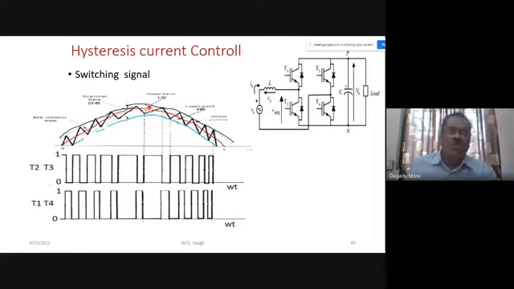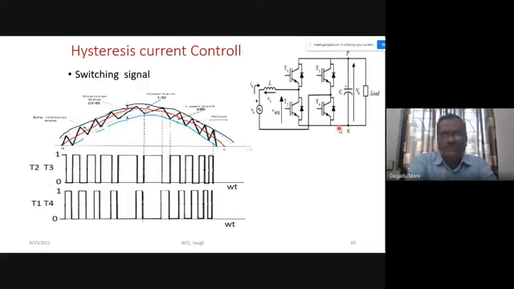And when band is more, switching of device will be slower. So we say that the switching frequency of this particular PWM rectifier is controlled by controlling the hysteresis band. Lower the hysteresis band, higher the switching frequency. So we have to compromise between the switching frequency and the hysteresis band.